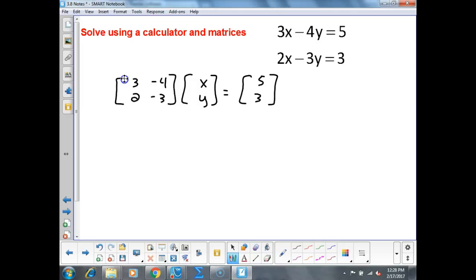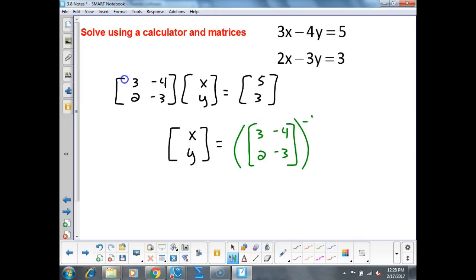Okay. All right. So x and y here is going to equal the inverse of that times that.